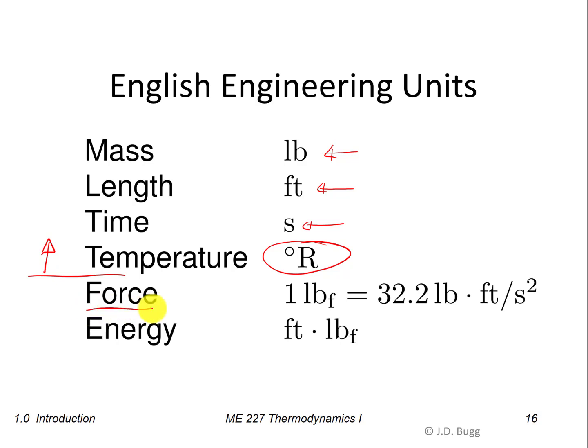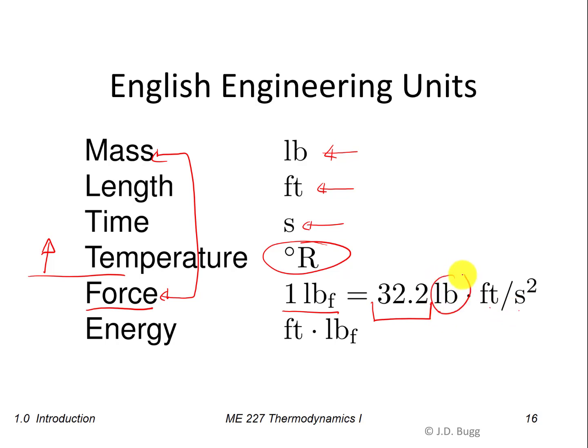The unit of force in English engineering units is the pound force. This gets a little bit confusing because the same name is used for force and mass, but these are two different things. The subscript F is put on the pound force in order to help us distinguish between these. So the unit of force in English engineering units, a pound force, is defined as 32.2 pounds mass feet per second squared.